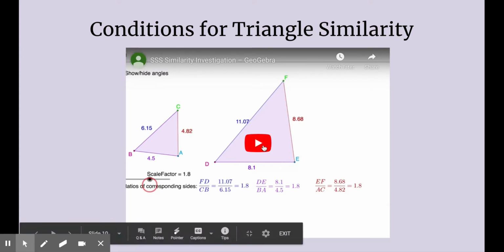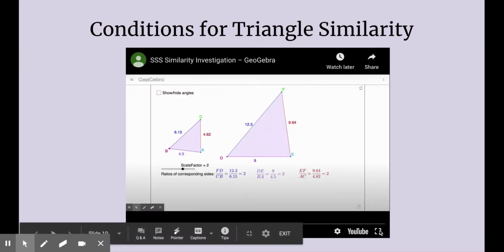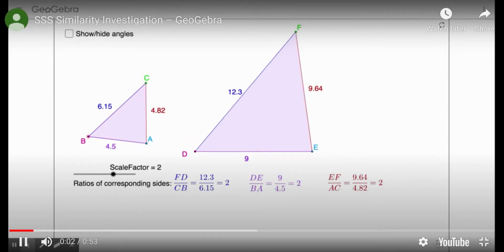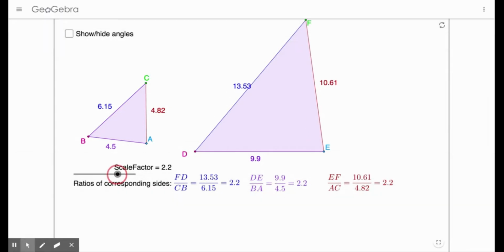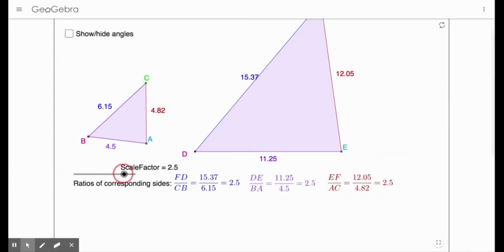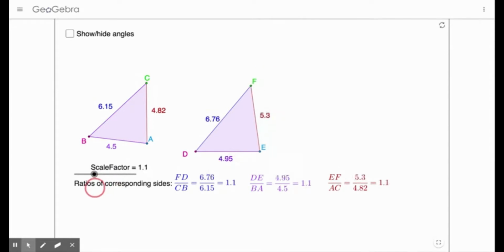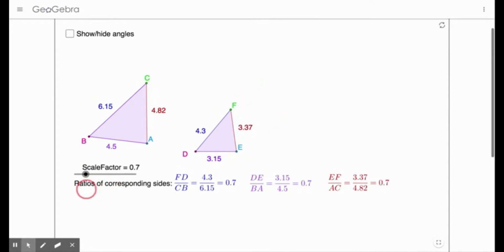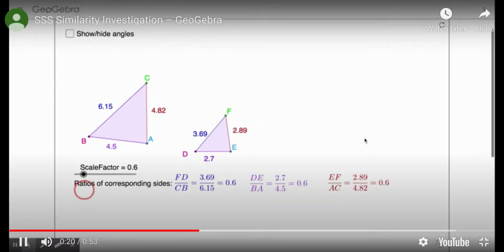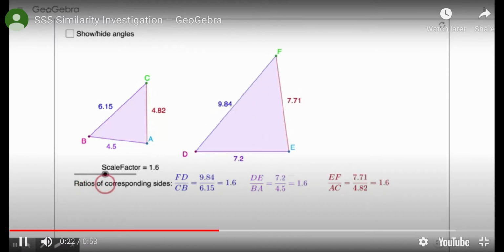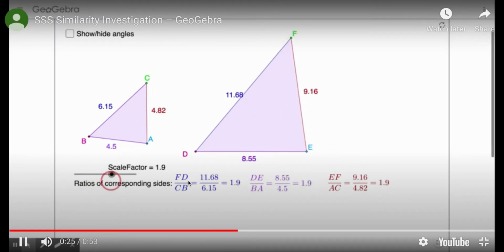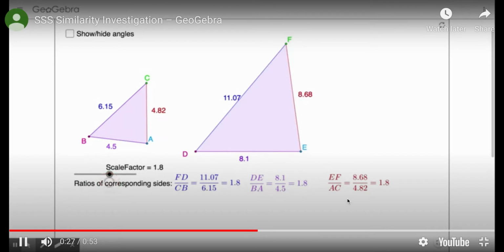Now let's look at SSS similarity. Here we have two triangles and three pairs of corresponding sides that are all related by a scale factor. Notice as we slide the scale factor, the ratio of corresponding sides is the same for all three pairs of corresponding sides.